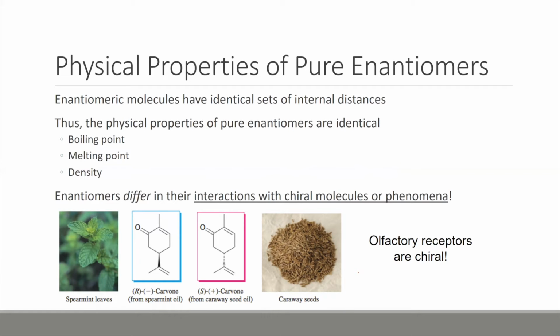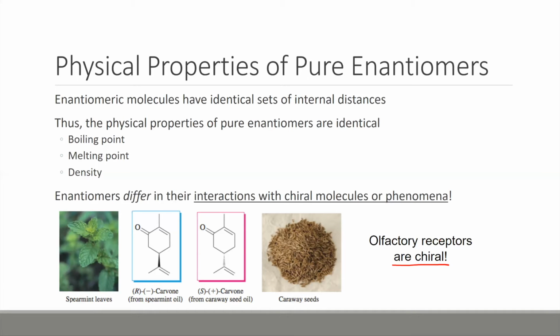So, for example, our noses actually have receptors that can recognize the difference in the chiral center of a chiral molecule. So they can differentiate an R versus an S chirality.